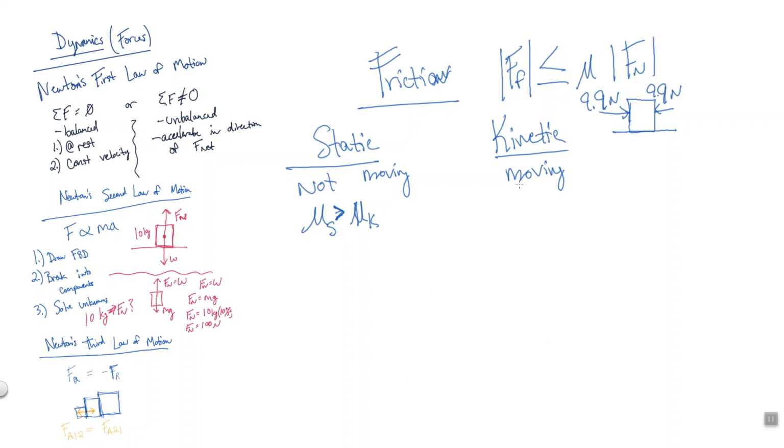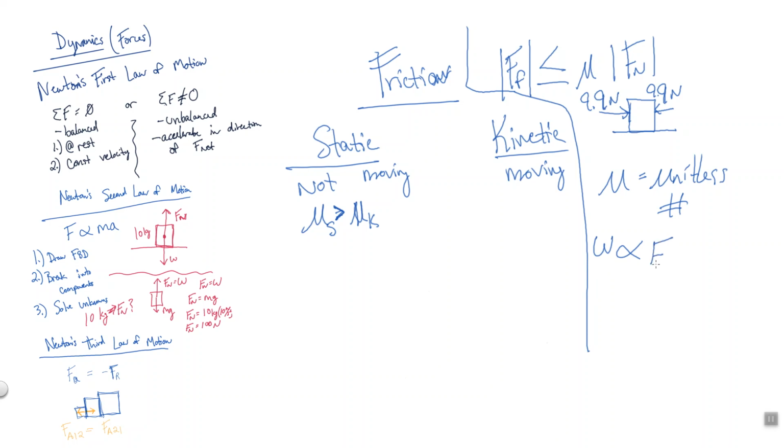We'll do a little side tangent, talking about this formula a bit more. Mu is a unitless number. It represents a ratio of proportionality of how much the weight of an object is, or its force normal usually, compared to how easy it would be to push it.